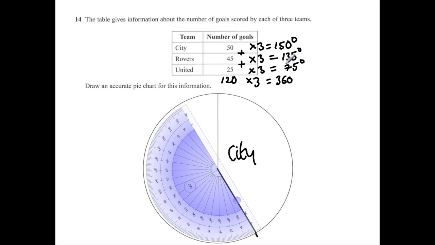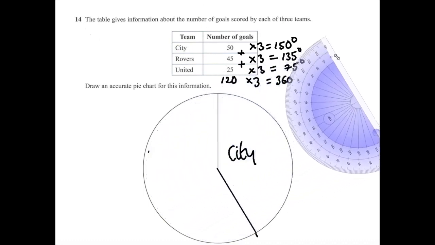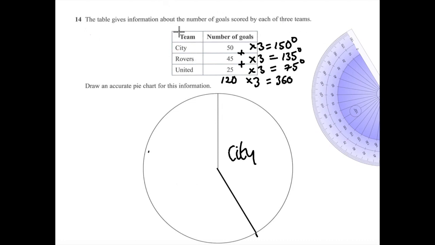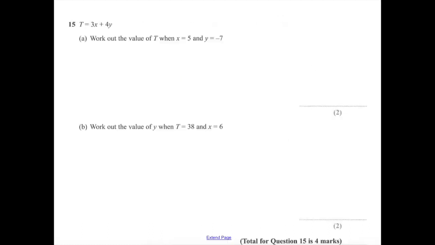Now we are looking for 135. 135 is over here. Yep. Going to move my protractor out of the way. Draw a line. So we have Rovers is over here, and United is over here.